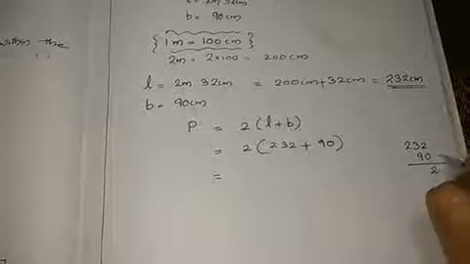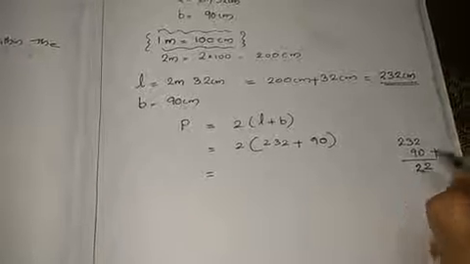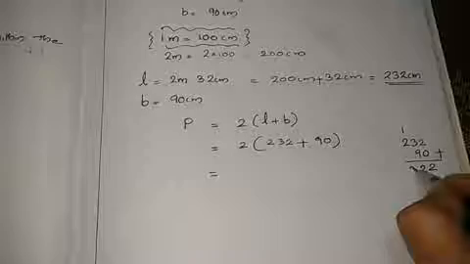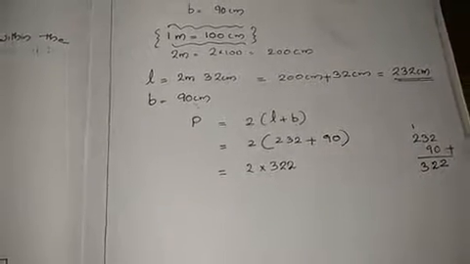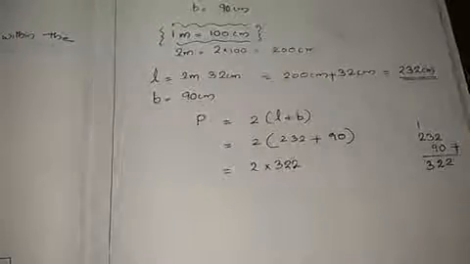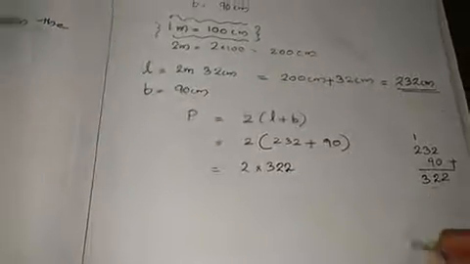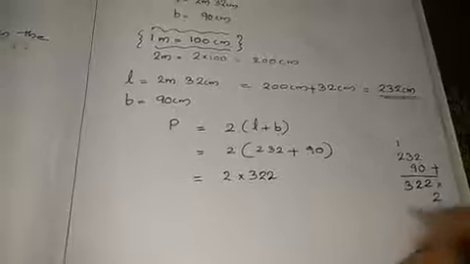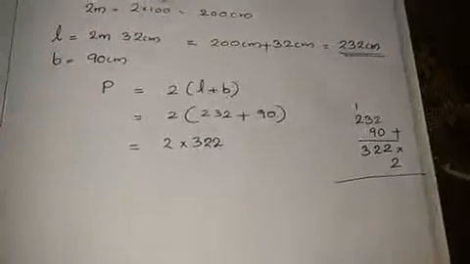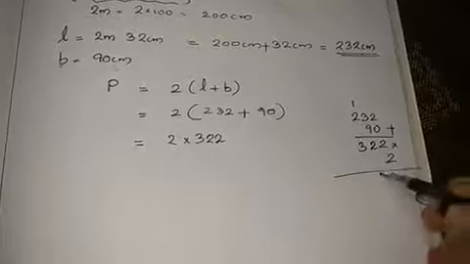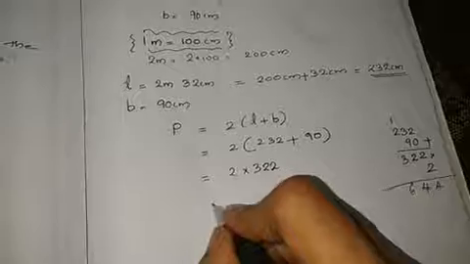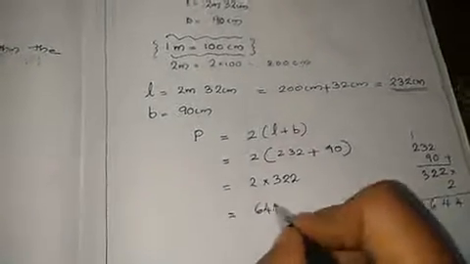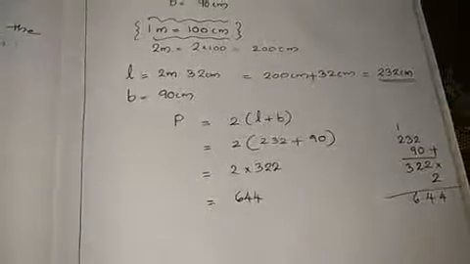Here 2, then 12, carry over 1, then 322. 2 into 322. To get the perimeter, we should multiply 322 with the 2. 2 2s are 4, again 2 2s are 4, then 3 2s are 6. So the perimeter of the rectangle is equal to 644. What is the unit?